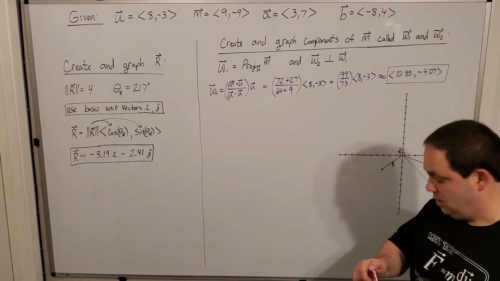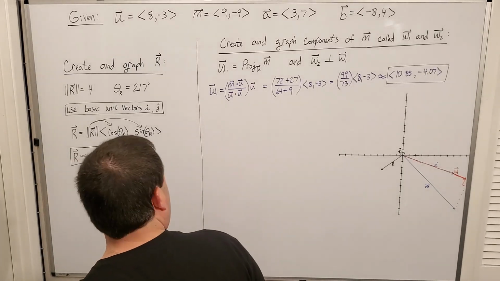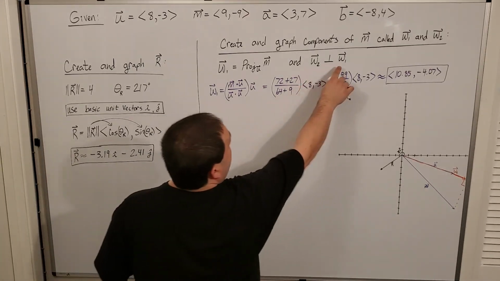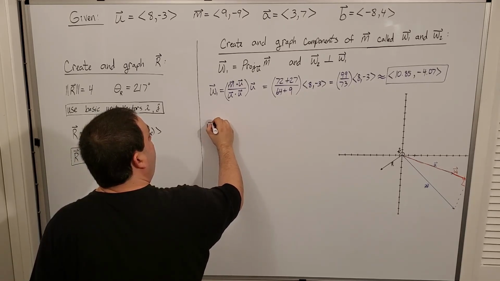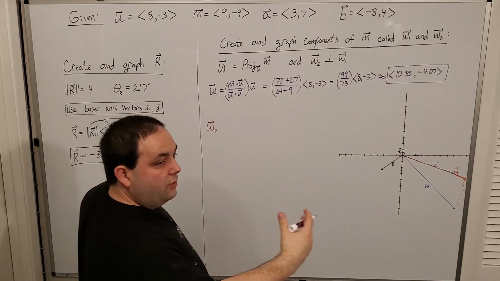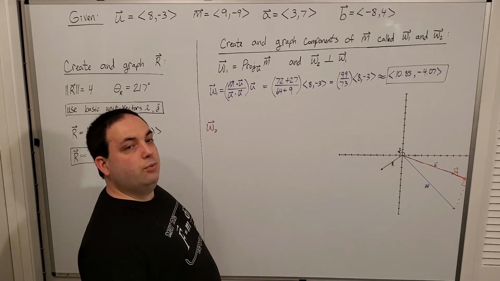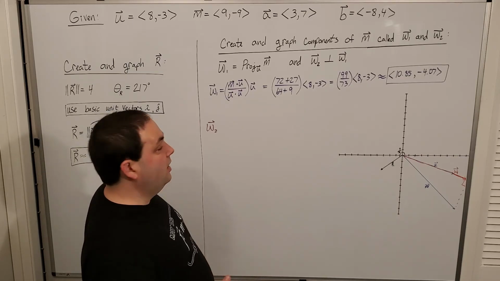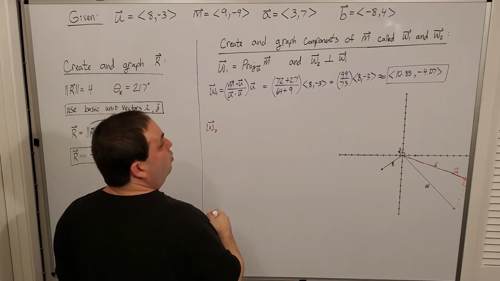Okay, so then where's W2? Well, W2, to be at a right angle of W1, needs to be the remaining part of vector M that was not projected. And the only way that you can not project a piece of it is if it's completely at a right angle. Hence, the W2 is going to be at a right angle to W1.